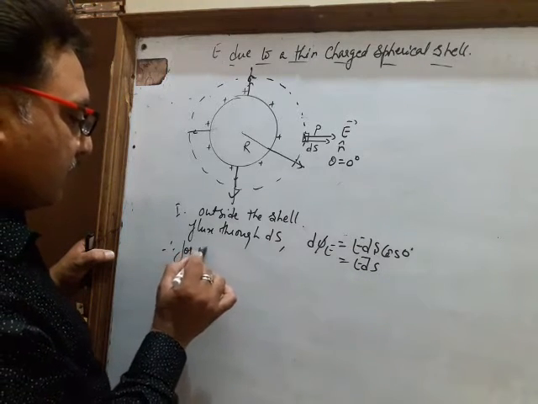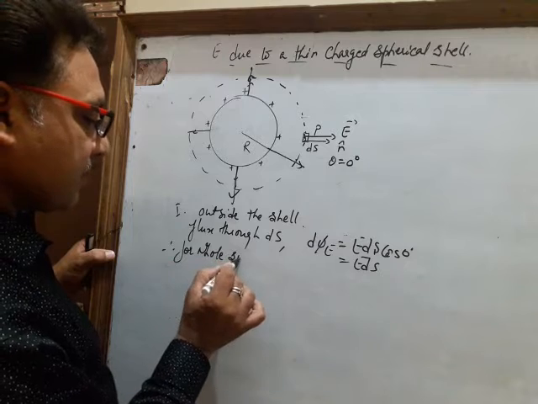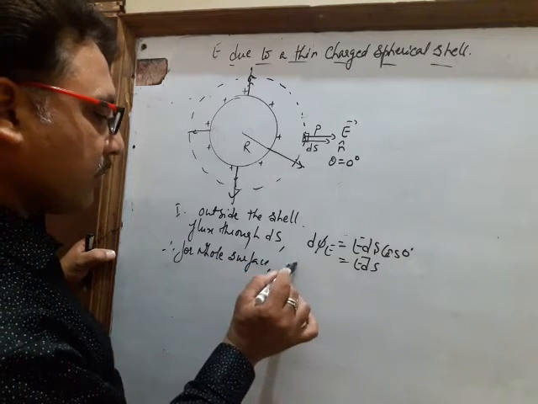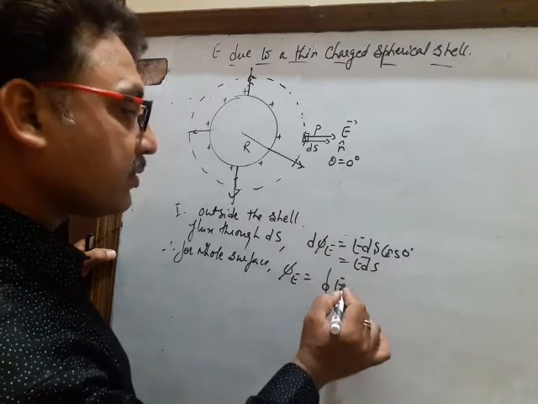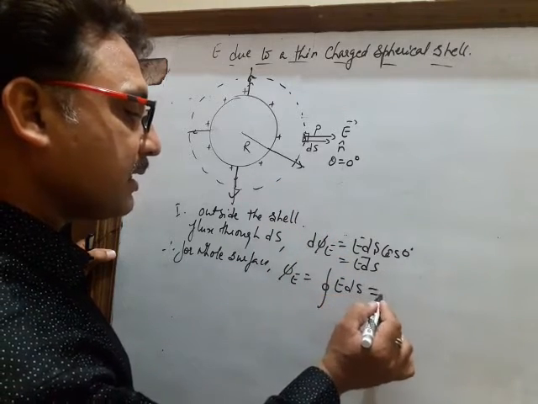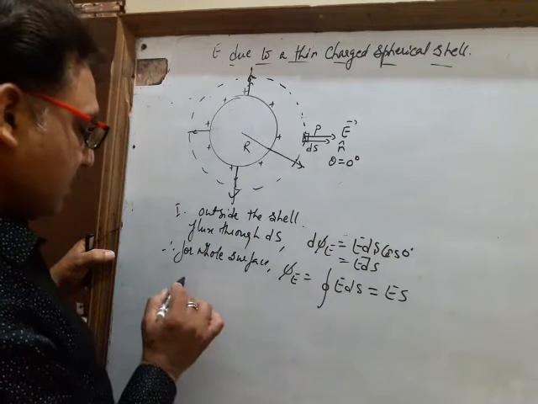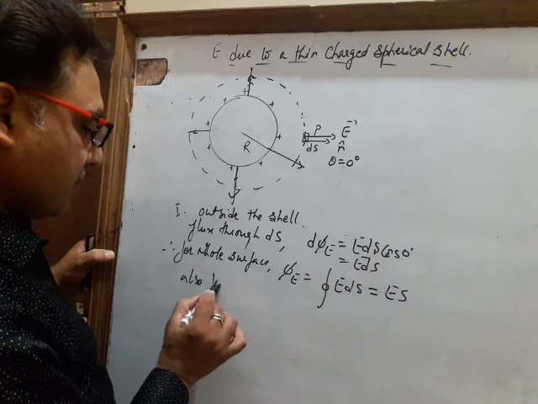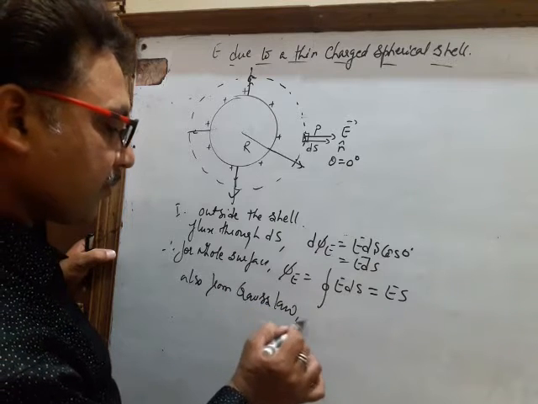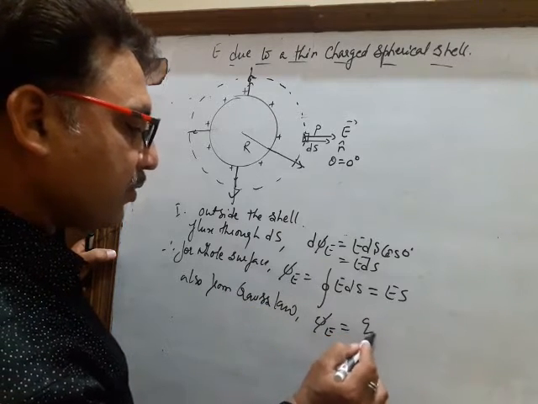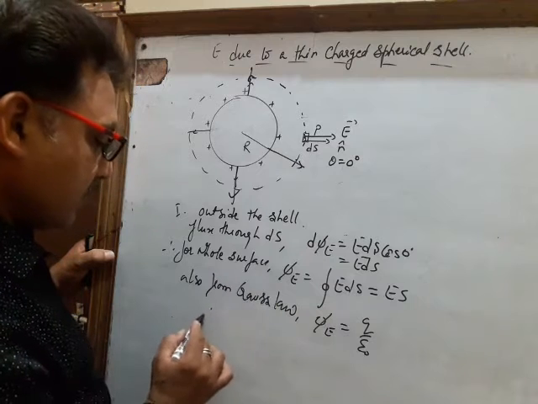Therefore, for the whole surface, phi equal to the surface integral over the whole sphere of E ds, that is E S. Also from Gauss law, phi equal to q upon epsilon naught, you already know.